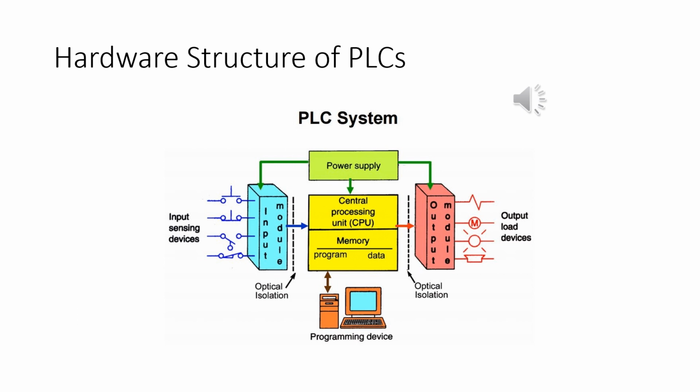In addition, there is the input module, to which the input devices are connected, the output module, to which the output devices being controlled are connected, and finally the programming device, which is normally a PC with a special application on a DVD giving the programming environment of the PLC.